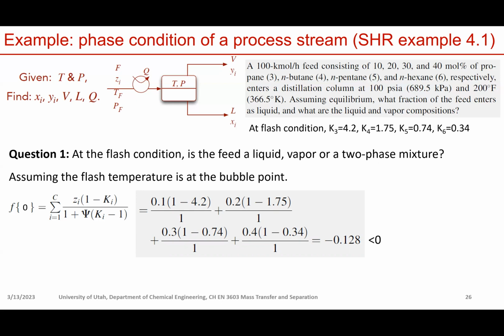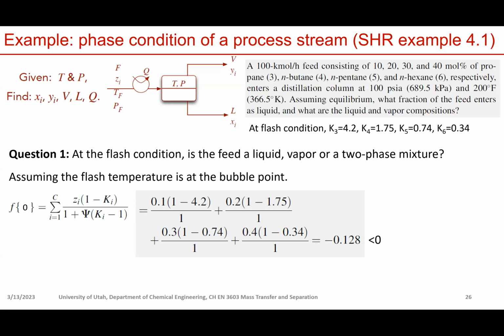Here we can plug in the numbers. We have the K values for each component, and because we're assuming the flash temperature is the bubble point, the flash is operated at the bubble point, meaning psi is 0, there's no vapor. Plug in the numbers, and we get a value of minus 128. That's smaller than 0.